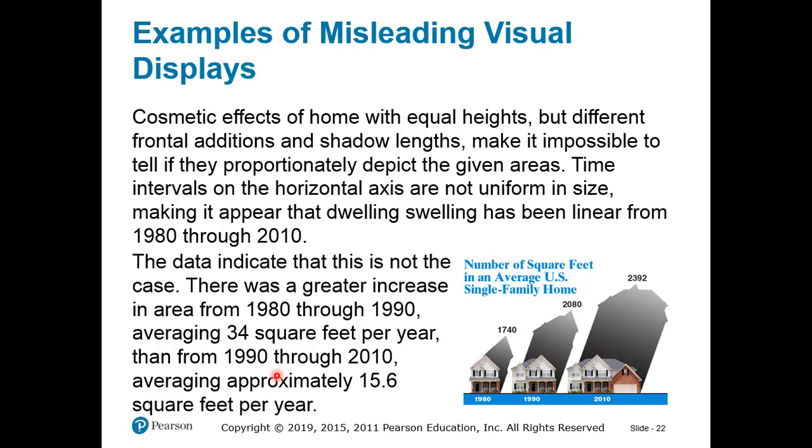Okay, cosmetic effects. Here's a great example of cosmetic effects that really distort and confuse what they're trying to say. This is the home with equal heights, but different frontal additions and shadow lengths. So it makes it impossible to tell if they proportionately depict the given areas.